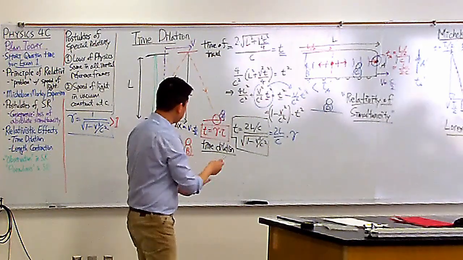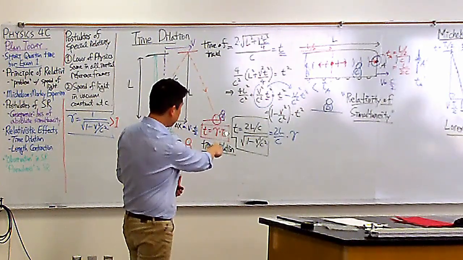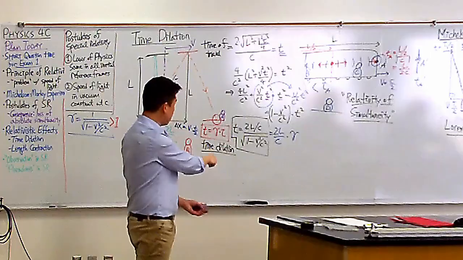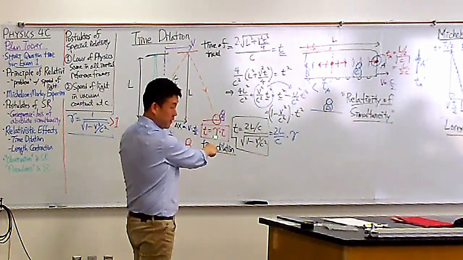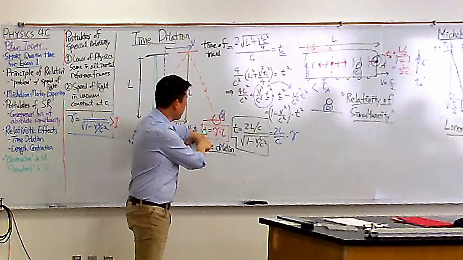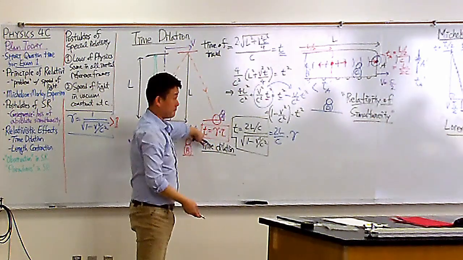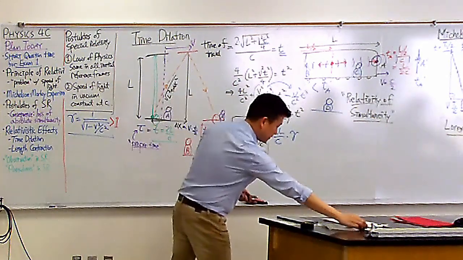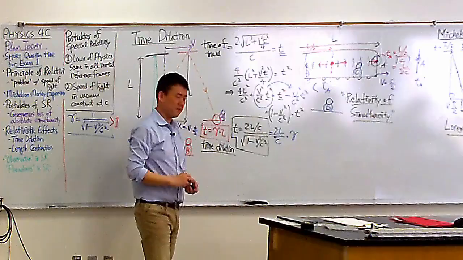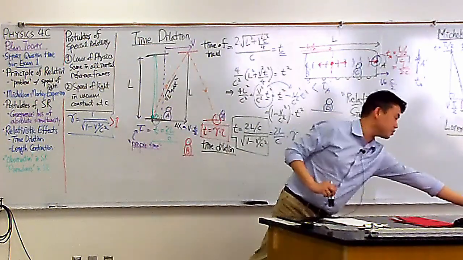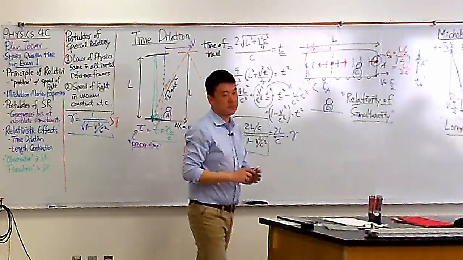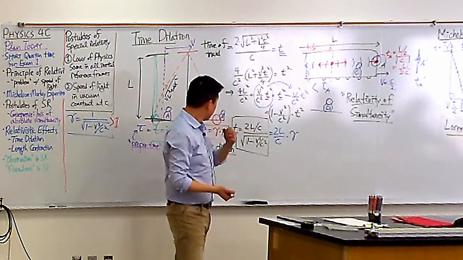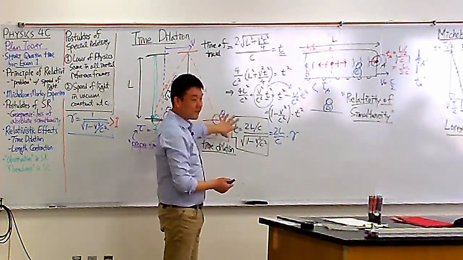And since you are multiplying the time kept by the clock itself in its own reference frame by gamma, a number greater than 1, this t is always going to be greater than the proper time. Here's the thing. With the easy questions in special relativity, the most common mistake people make is forgetting which side something should be on.